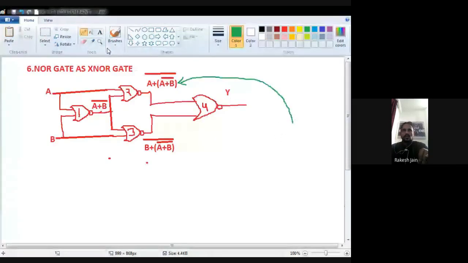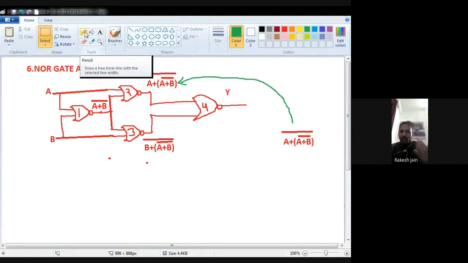Now we check. First of all, see this fourth NOR gate realization. To simplify this line, I am simplifying it here.